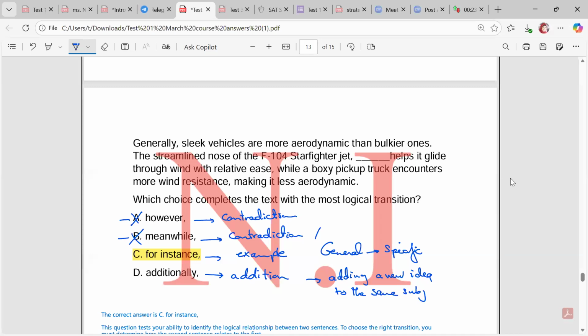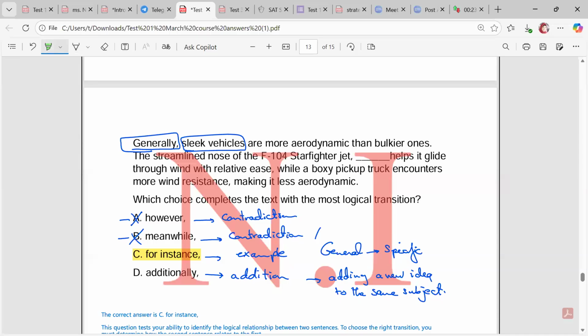So I know that when I use additionally, I must define the same subject and add a new idea to it with the same tone. Here, generally is a clue word. Generally, I'm talking generally. Sleek vehicles are more aerodynamic than bulkier ones. Nice.